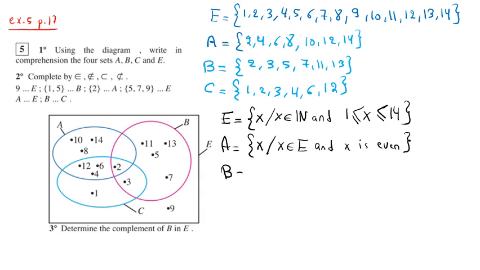Set B, we have X such that X belongs to E, and we have 2, 3, 5, 7, 11 and 13. We revised these numbers before, which are X is a prime number. These are the prime numbers.